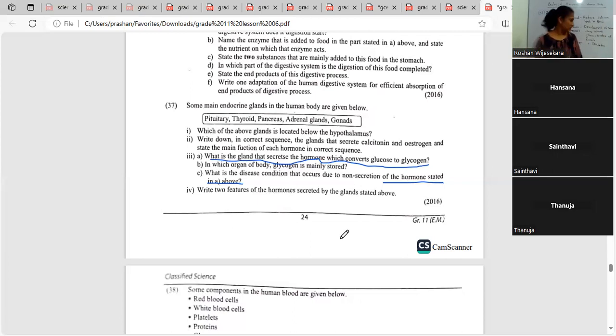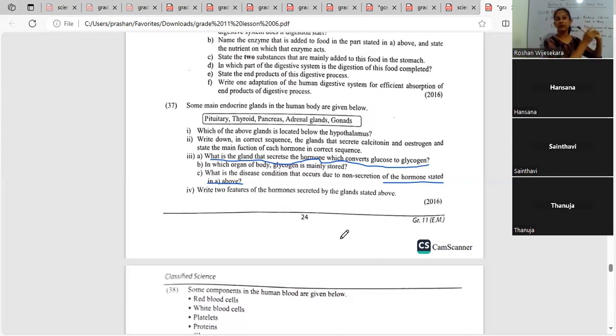Then question number 4. Write 2 features of the hormone secreted by the glands stated above. You have to write common features of hormones. Hormones are organic molecules.